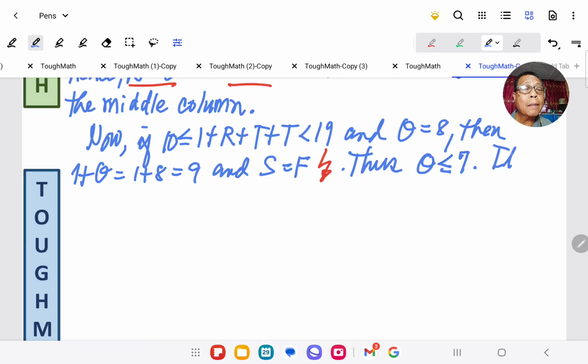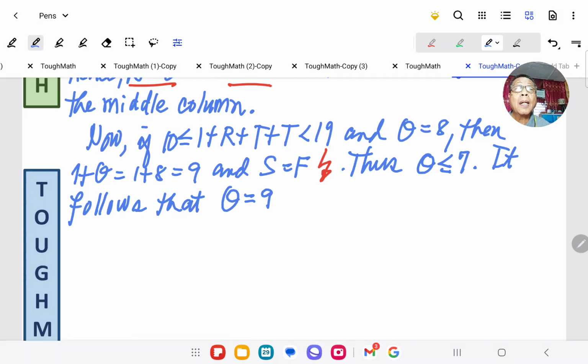It follows that O equals 9. So this is our third result. We highlight that.